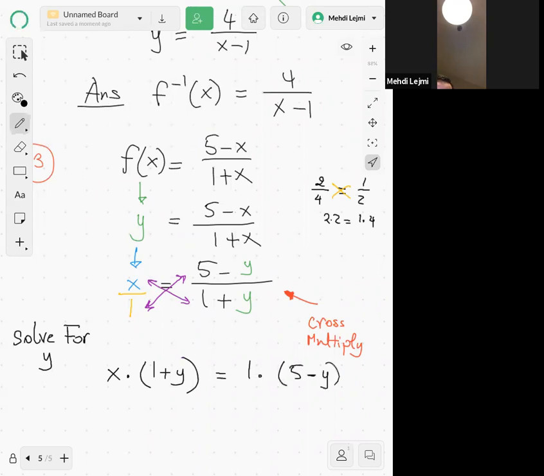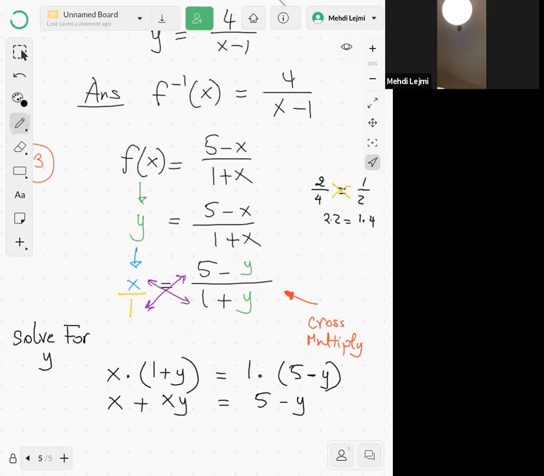As you can see now, because I cross multiplied, both y's are in the top. There's no y in the denominator. So now on the left you distribute, so it's x times 1 plus x times y, and on the right it's just 5 minus y.